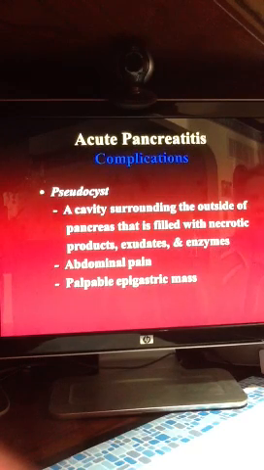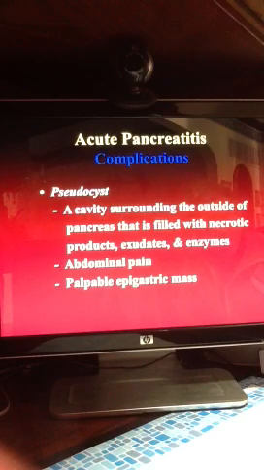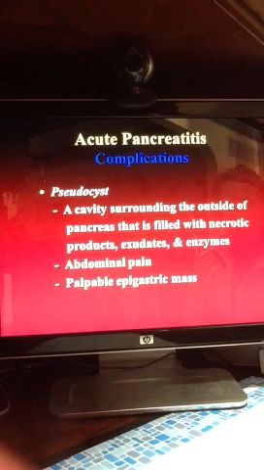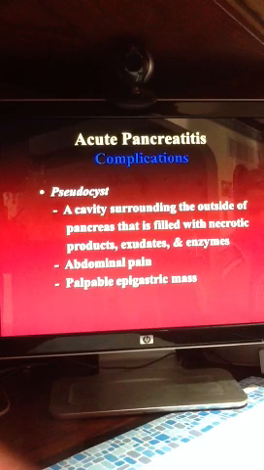Now we're going to look at some complications. A pseudocyst is a cavity that surrounds the outside of the pancreas. It's going to have inflammatory exudate in it, pancreatic enzymes that are formed on the pancreas. If a patient has a pseudocyst, they'll again have abdominal pain, and you can actually feel an epigastric mass.